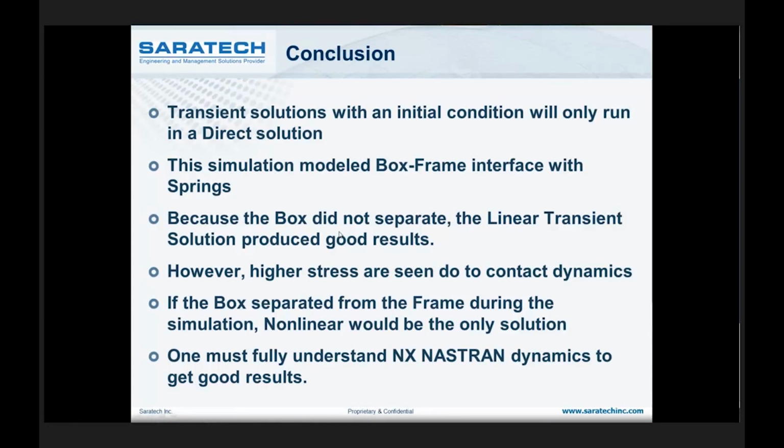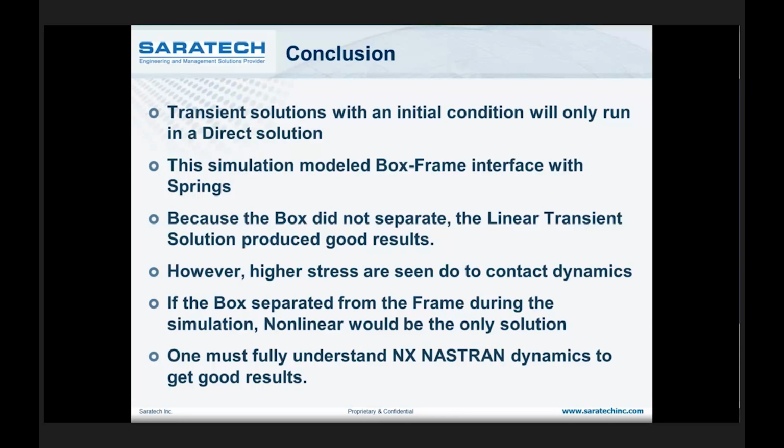And so the transient solution with initial conditions, as I said before, will only run in a direct solution. I simulated the box frame with the interface with springs, and because the box did not separate, the linear transient solution produced good results, and I think it actually did.